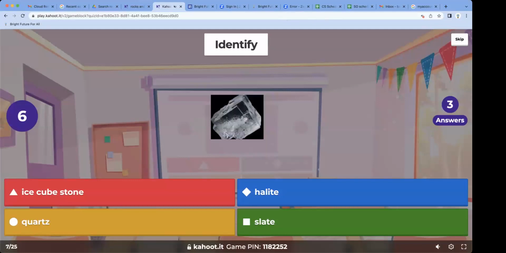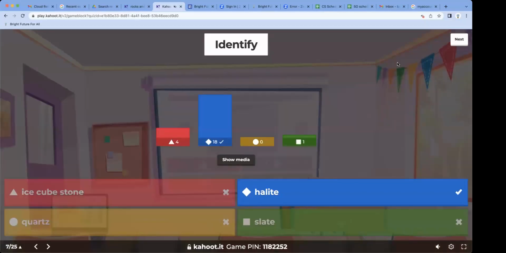Okay, identify this rock. Yeah, so this one is halite. While this does look like an ice cube, it is not actually called the ice cube stone. Next question.